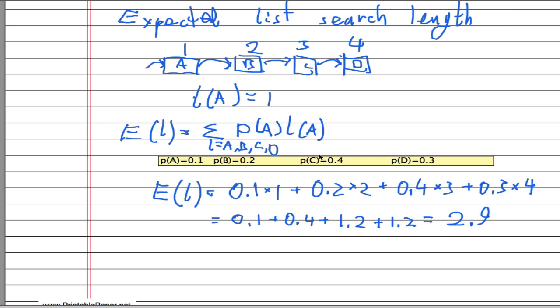Clearly, the fact that we have C and D here at the end of the list is costing us, right? Because if D here is 4 steps and it happens with probability 0.3, that costs us a lot. We would like to have things that are more probable in the beginning of the list.